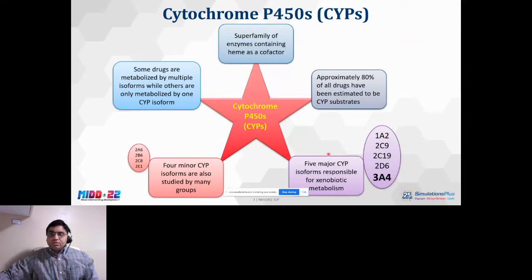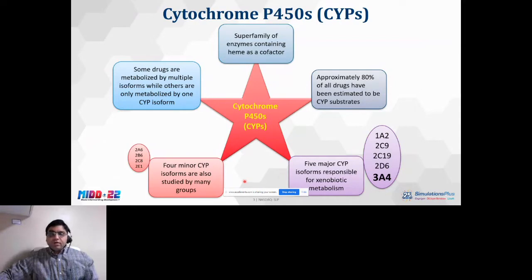Five major CYPs have been reported to be very important and responsible for xenobiotic or drug metabolism: 1A2, 2C9, 2C19, 2D6, and 3A4. I have highlighted 3A4 intentionally to mention that 3A4 is responsible for almost 70% of the drugs which are metabolized by the overall CYP class of enzymes.